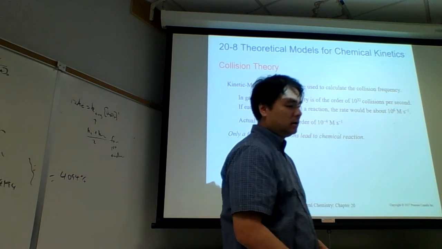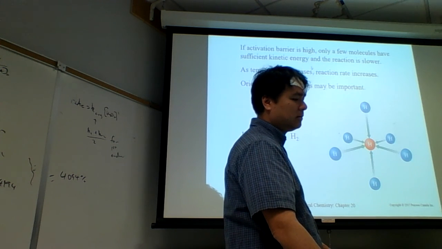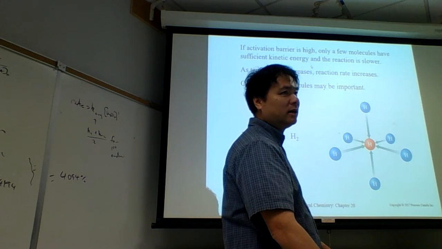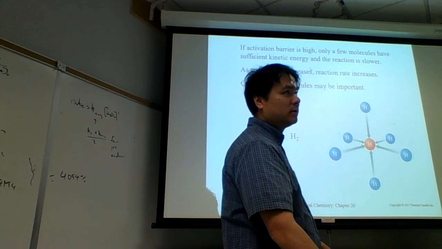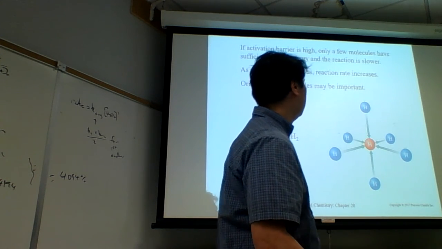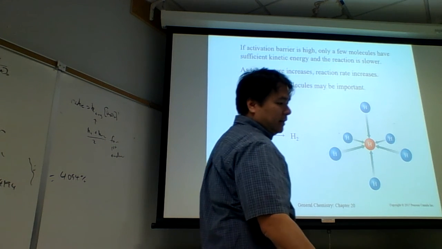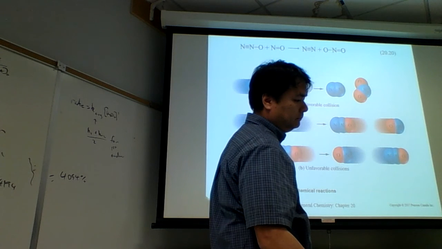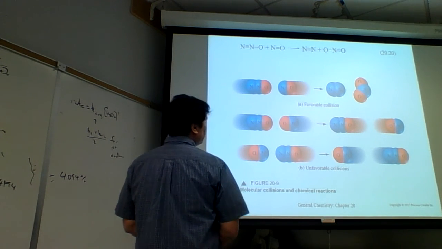So in collision theory, what makes a successful collision? There are two things. One, it has to have enough energy to break bonds. And two, it has to be of the correct orientation. Let's look at orientation first.